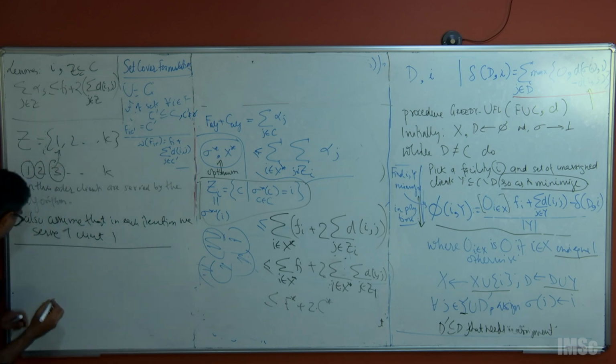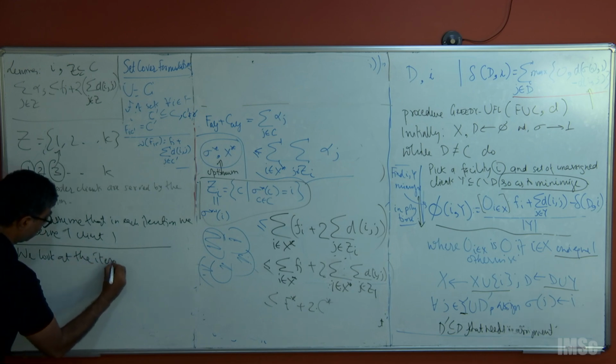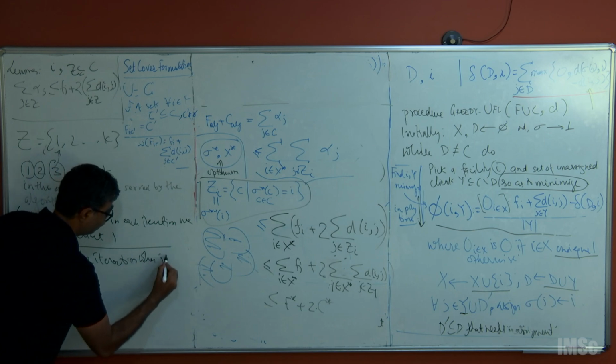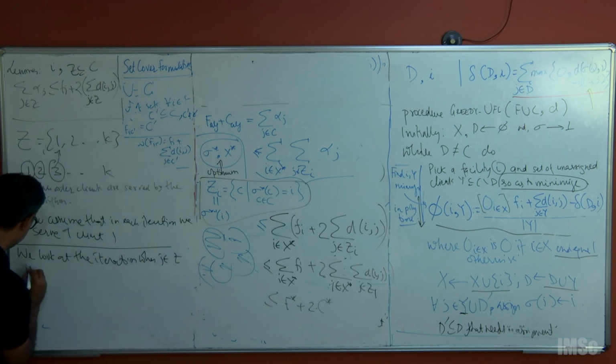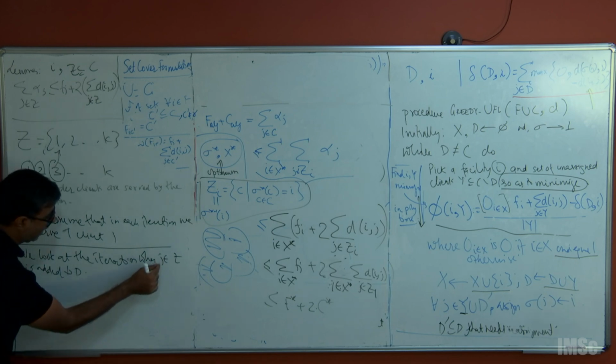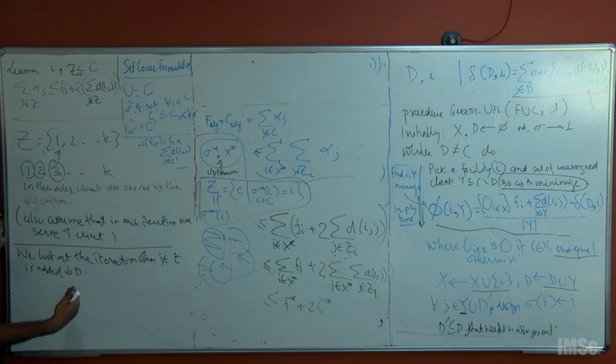Now we look at the iteration when j in Z is added to D. At this iteration, we are going to add this j in Z to my D, which means in this iteration the client j is being served.